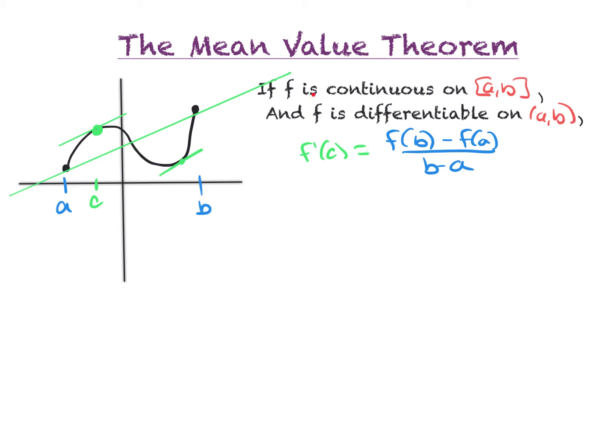If we have a continuous function on a closed interval that is also differentiable, then the slope of the line between a and b is equivalent to somebody's derivative, or the slope of the tangent line, at some c value in the middle.